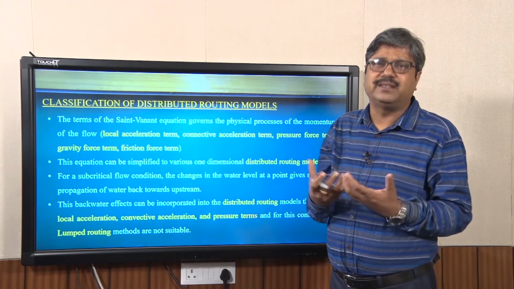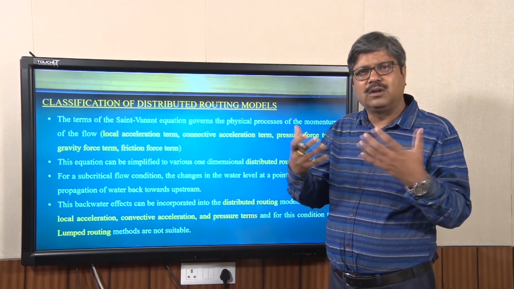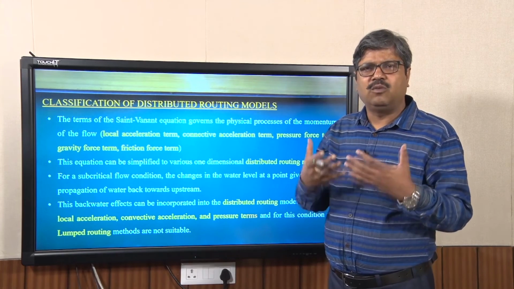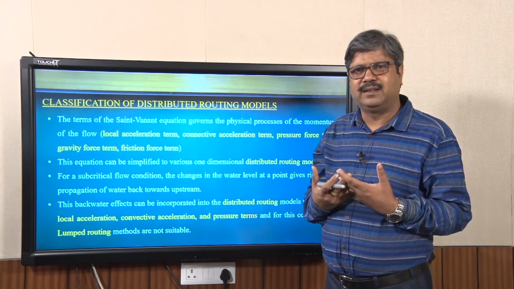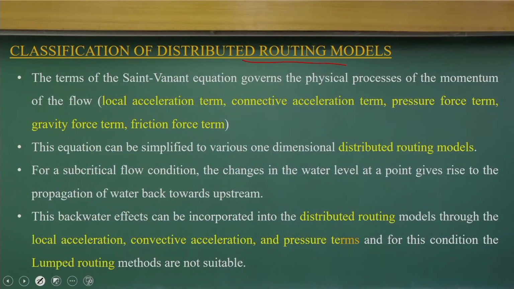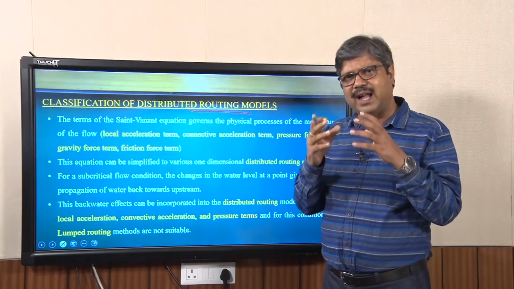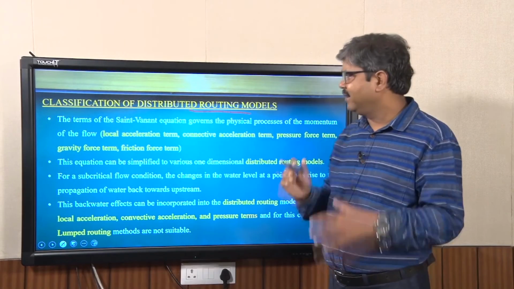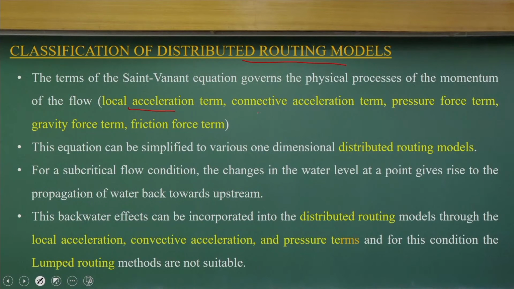We try to look at the dominant behaviors, whether we need to compute the full Saint-Venant equations or do some simplifications. That is what we do under the classification of distributed flow routing. The Saint-Venant equations have different terms: the local acceleration term, convective acceleration term, pressure force term, gravity force term, friction force term, and the others we have included: the expansion contraction term, the wind force term, and the momentum from lateral flow.